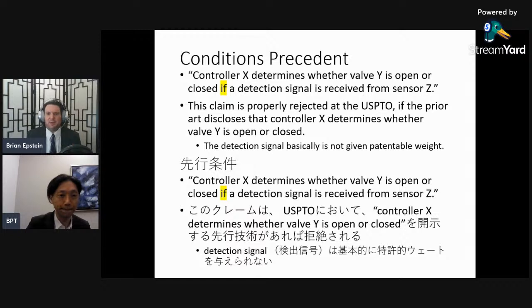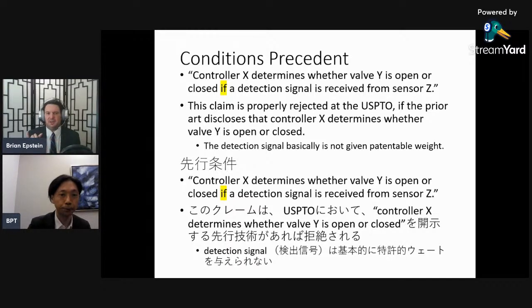Technically, the patentable weight given to the if statement is a little complex. Basically, if the prior art discloses the detection signal is received from sensor Z, if that portion is true, then the prior art also must disclose that the controller X determines whether valve Y is open or closed.